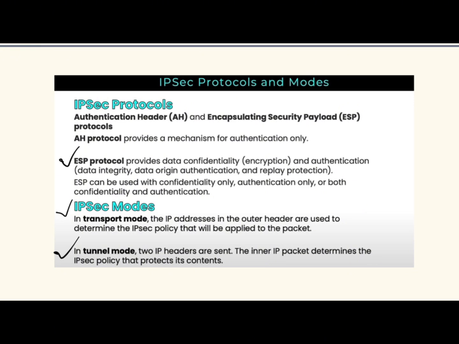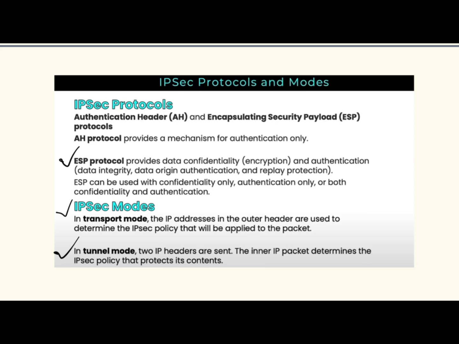So tunnel mode is gateway to gateway, or host to gateway. Use tunnel mode when you are securing traffic between networks or between a user and a network. The actual communication goes through routers or VPN gateways, which wrap the original packet in a new encrypted envelope.